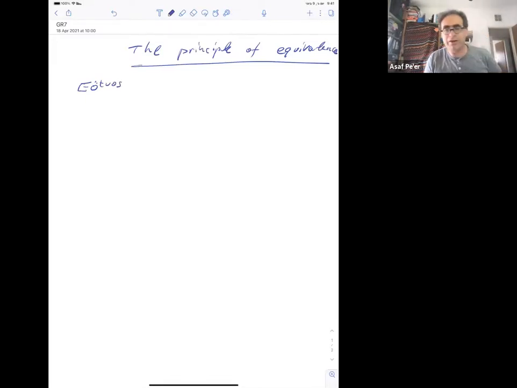We showed the equivalence of the gravitational mass and the inertial mass. And this is called the weak equivalence principle, so it has its own name. WEP, weak equivalence principle.